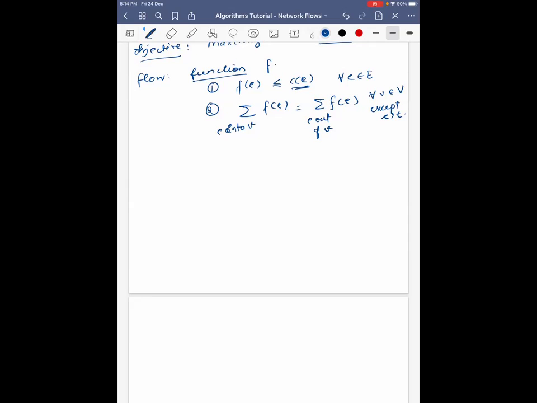You try to make some improvements in every iteration until you have finally attained the maximum flow. Now how do you make these improvements? In order to make these improvements, we basically rely on two operations for improving the flow.